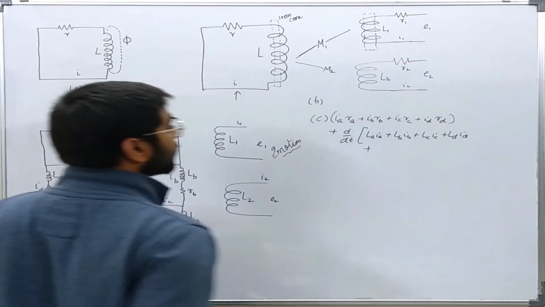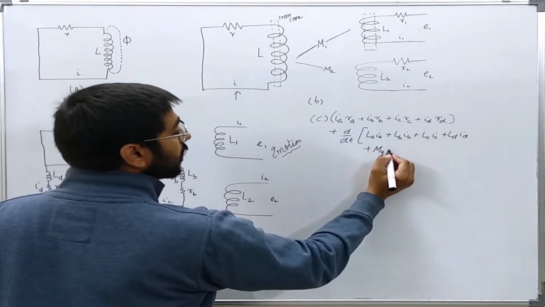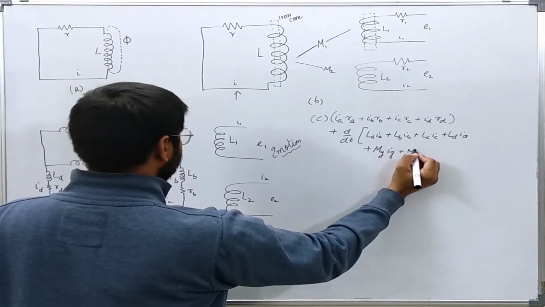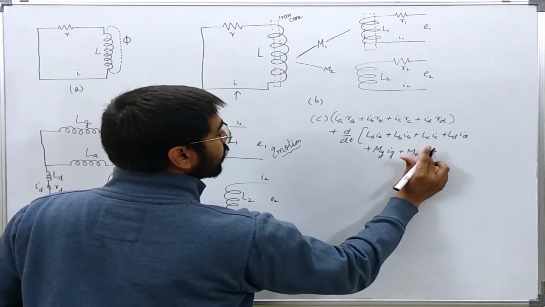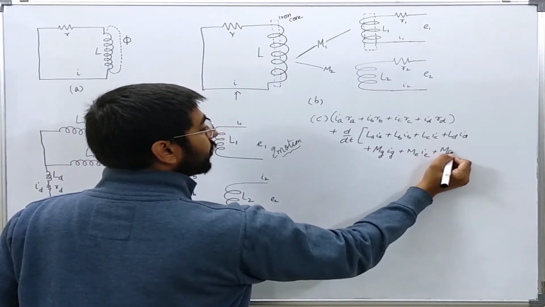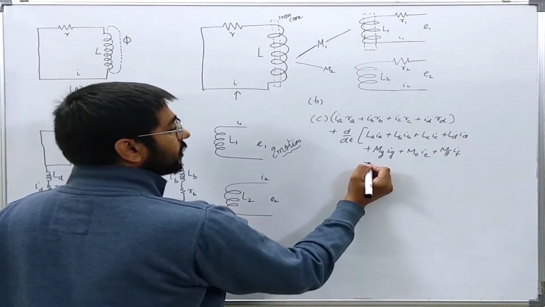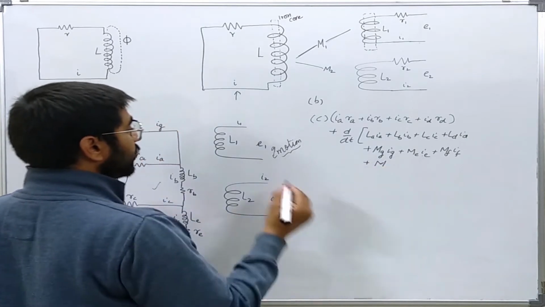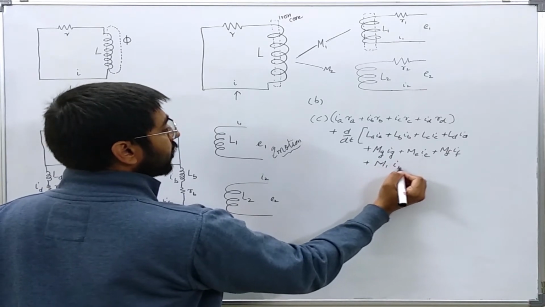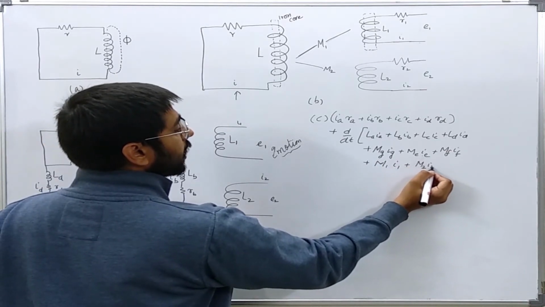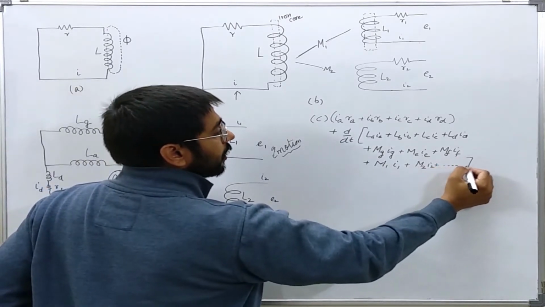Now let us say it has mutual coefficient MG for IG, plus ME IE, plus MF IF for these inductances. Similarly, let us say it has a mutual or motional coefficient for these circuits, M1 I1, M2 I2. So if there are many other circuits, we can further generalize it, equals to 0.